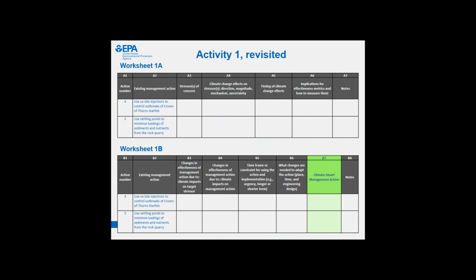So Kim, we didn't require, obviously, that the actions be completely run through, although that's what you would ultimately want to do. So what are some of the ways that you can imagine either the ox-bile injections or the settling ponds would be affected either through the effects on their stressors or directly by climate change?